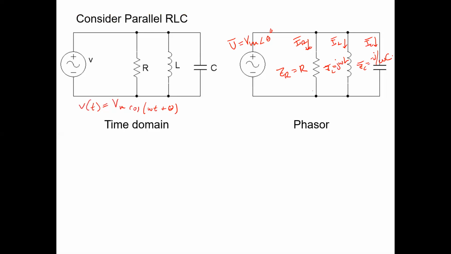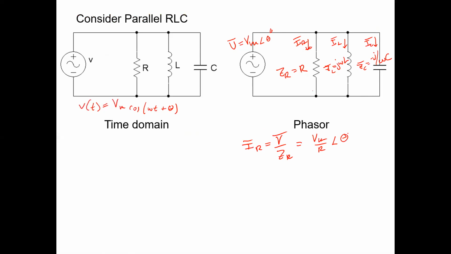In the phasor domain, IR is going to be V over ZR, so that's just Vm over R with an angle of theta, because V had an angle of theta.